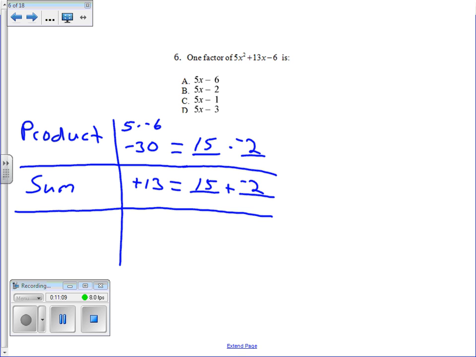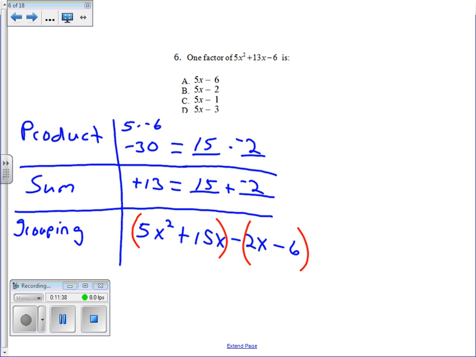Now, the third thing that I'm going to add to this is grouping. So I'm going to rewrite this as 5x squared plus 15x minus 2x minus 6. Now I'm going to group these according to a common factor. So for the first set, I'm going to factor out a 5x, and I'm going to get x plus 3.